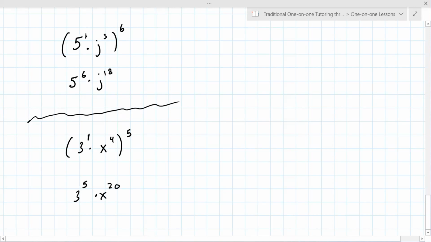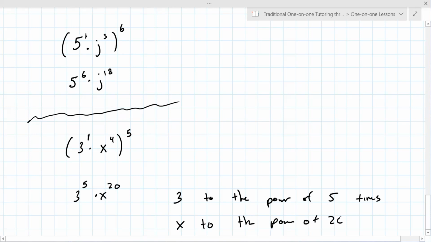So 3 to the power of 20. No. Okay, so I got that exact thing and I wrote it like that, but I said it wrong. Okay, so let's try it. This is 3 to the power of 5 times x to the power of 20. Oh, yeah, I wrote that down like that.